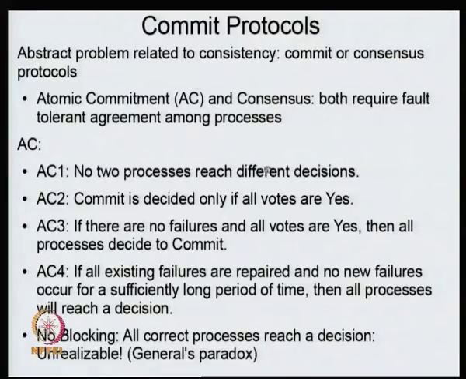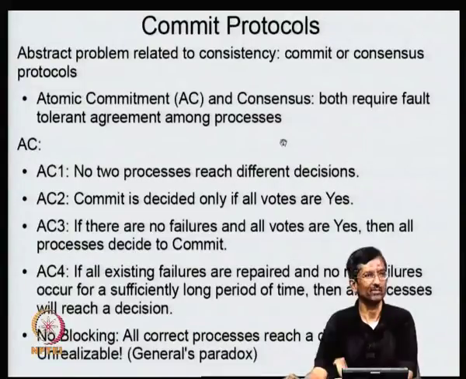This kind of model is appropriate for databases and file systems, because for file systems it is with respect to metadata consistency, and for databases for application level consistency, because that is something important and it has to be handled. So, using this kind of atomic commitment protocol, you can construct more complex ones which agree on a particular value, or which file needs to flush its data to the disk or whatever.